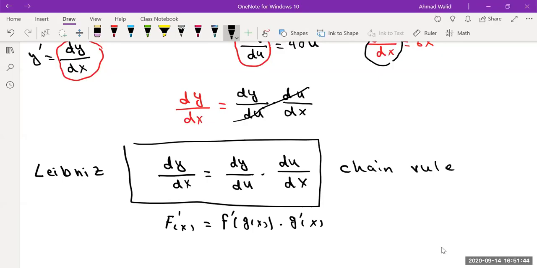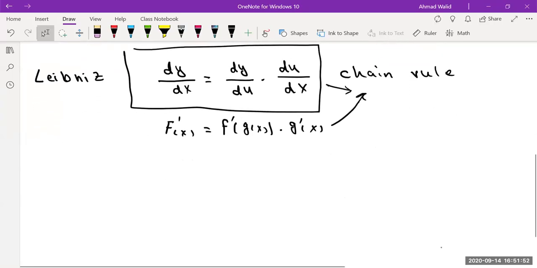This notation or this notation, both of them are the chain rule. Use whichever notation you are comfortable with. If I translate this for you in prime notation, this is your f prime of g of x.